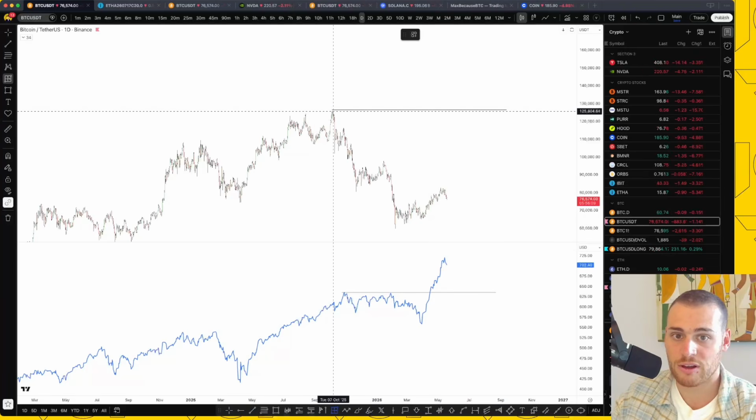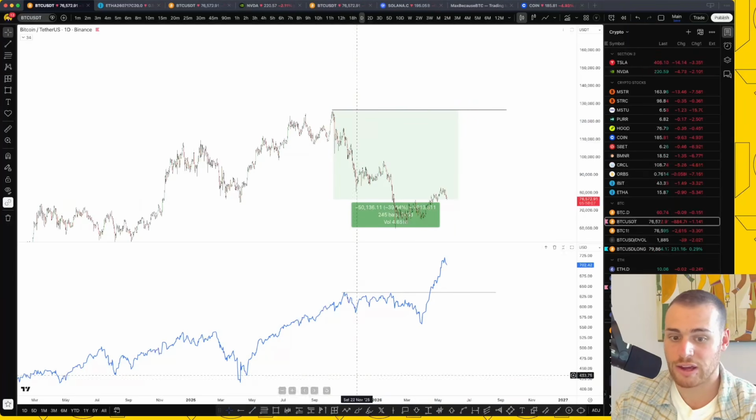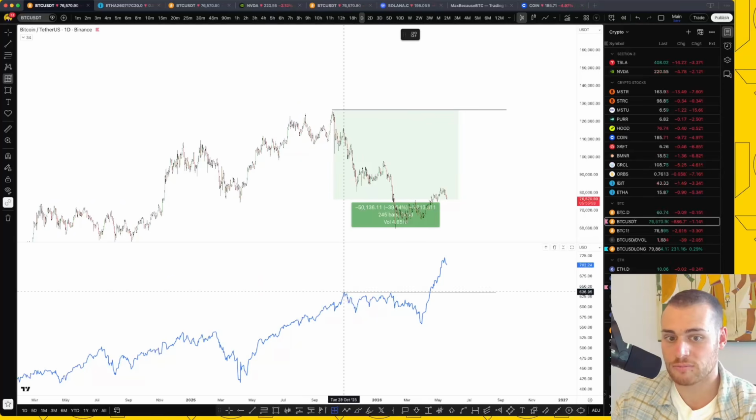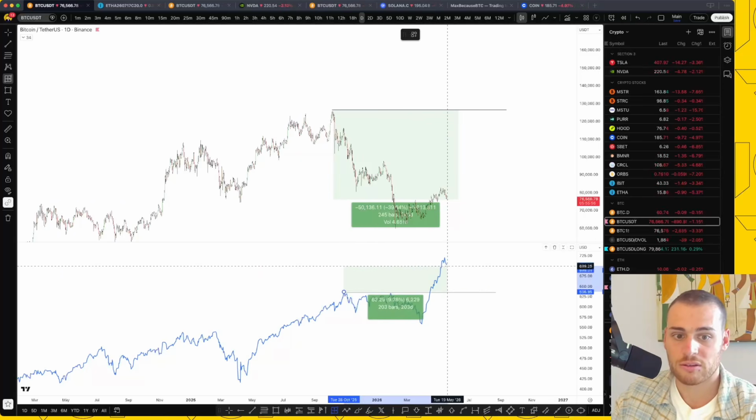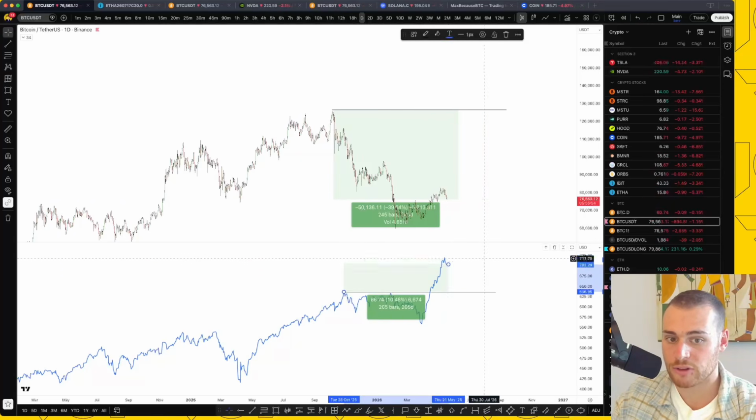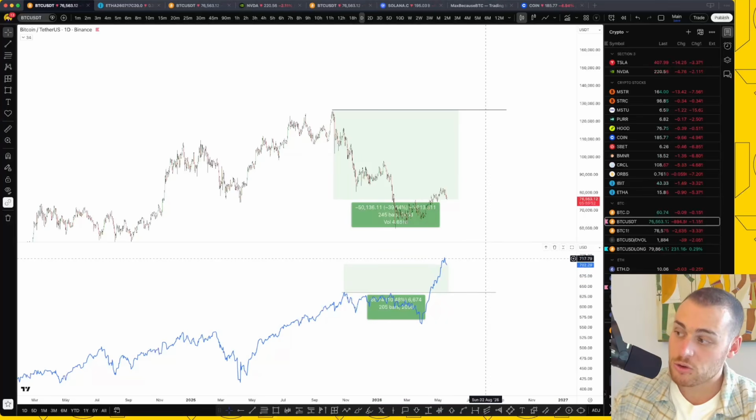From Bitcoin's all-time high, right now it's down 40%. And from that same level, stocks' all-time high, which again came slightly after crypto but basically at the same level on the chart, stocks are up 10%. So that's a huge swing, right?